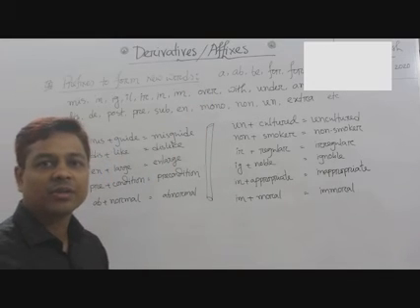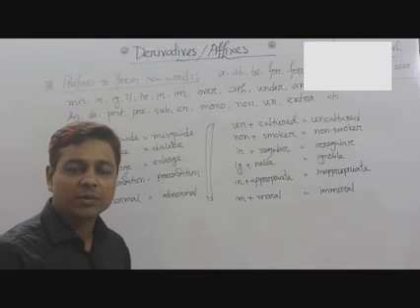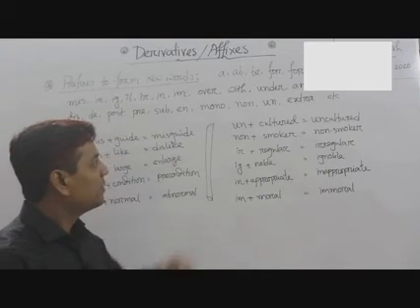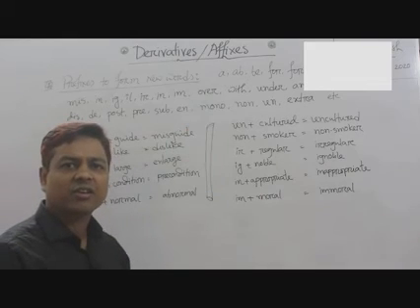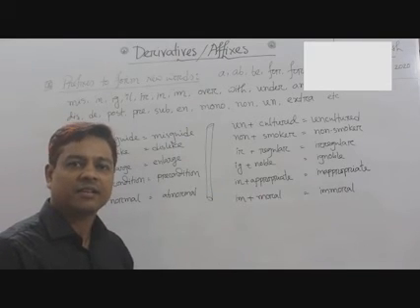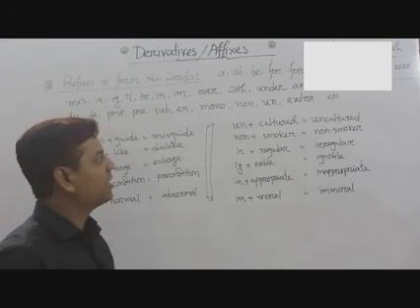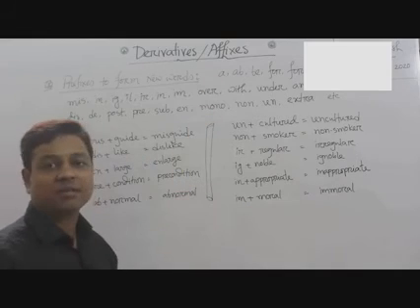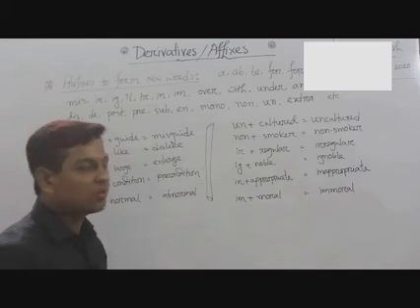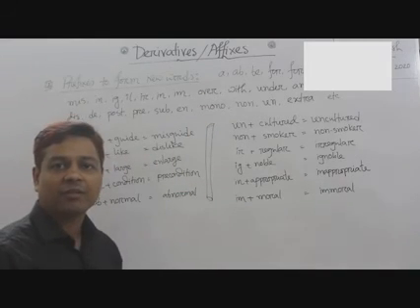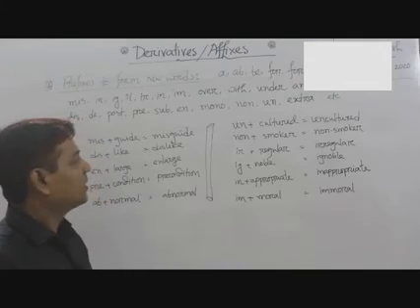These are some of the prefixes that are mostly used to form new words. Besides this, there are hundreds of prefixes that are available to form new words. But out of them, these ones are mostly used. So let's see how they are forming new words.